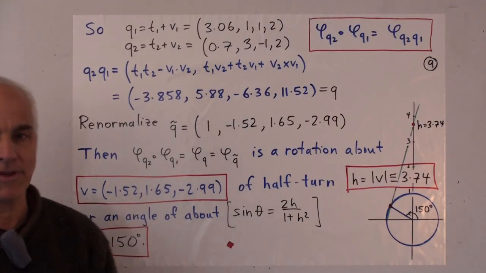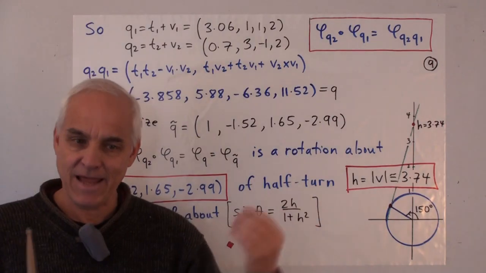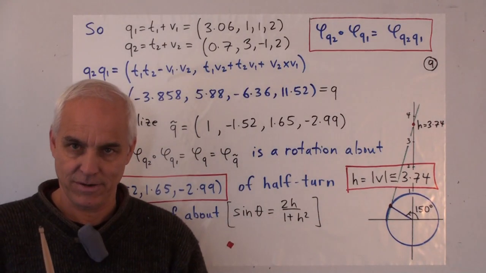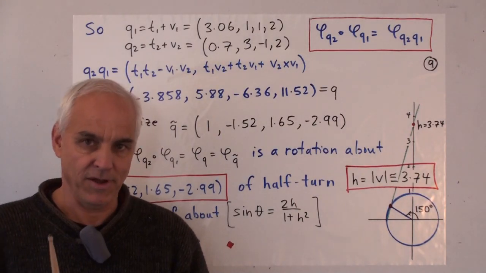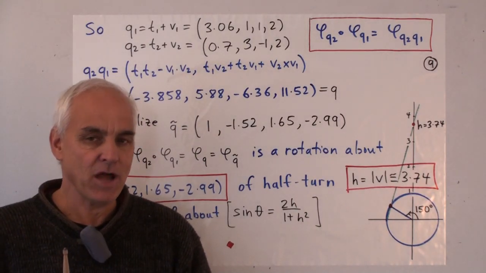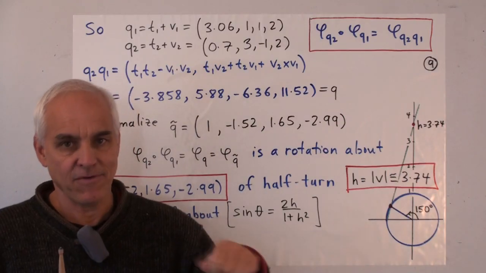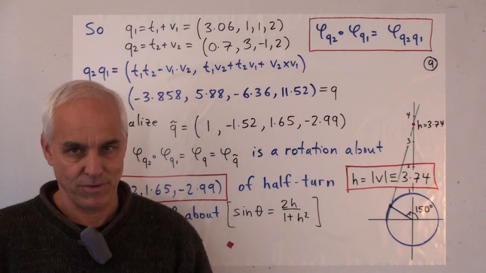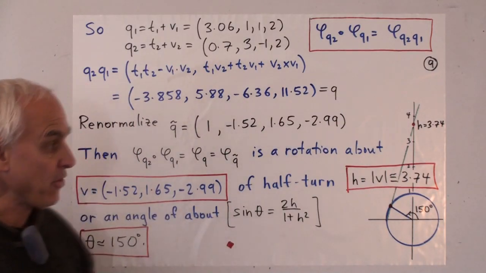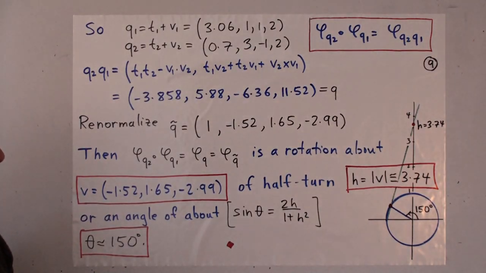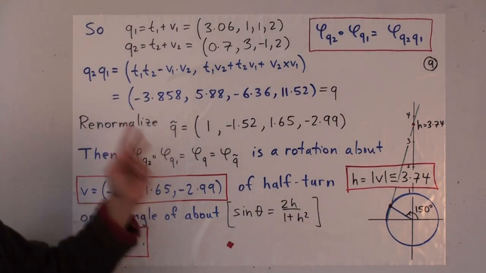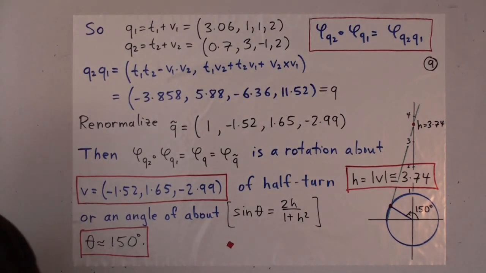Now in classical treatments, it's generally thought that we should scale it down so we get a unit quaternion. We could do this, but it's not really necessary because that involves finding another square root. Another way of proceeding, which is quite pleasant, is to renormalize so that this first coefficient is 1.